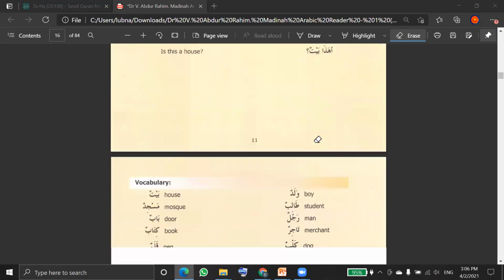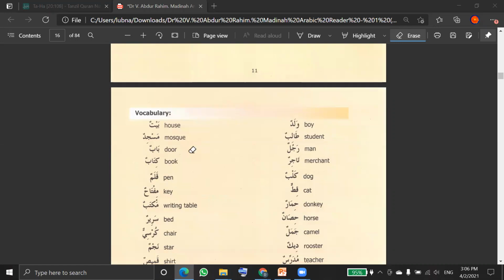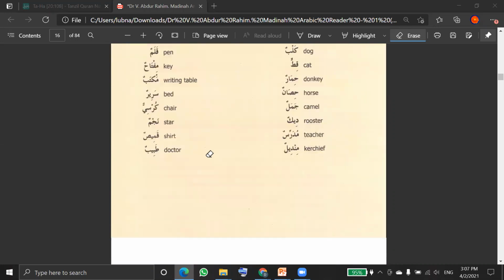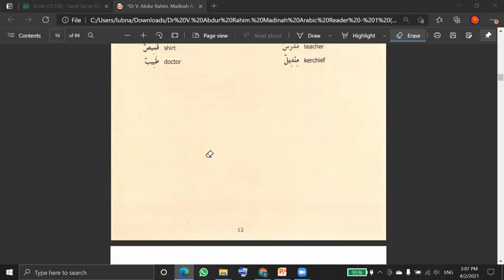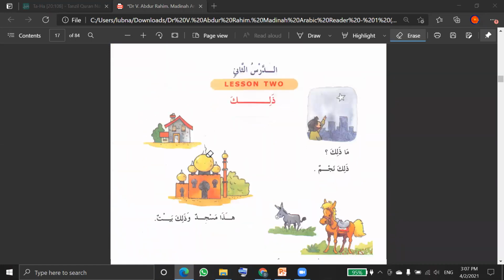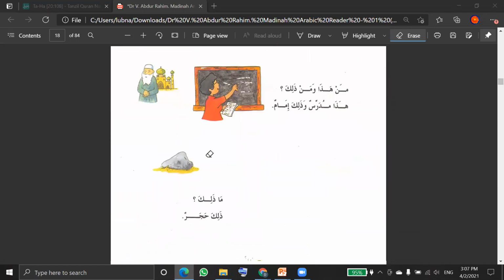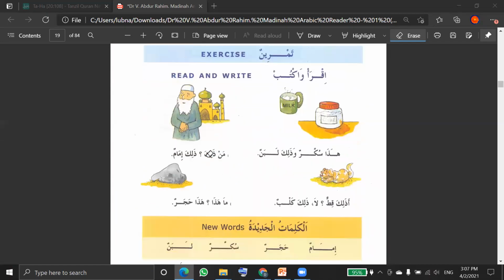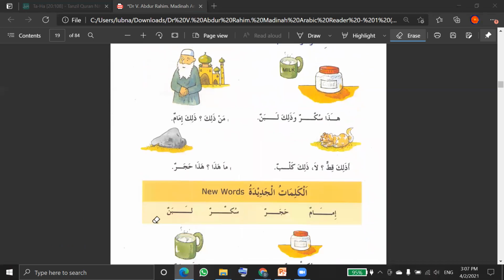need to memorize these vocabulary words from lesson 1. Last time we did lesson number 2, and there's a small homework, just 4 sentences. You need to write down these 4 sentences from lesson 2 and learn these new words.